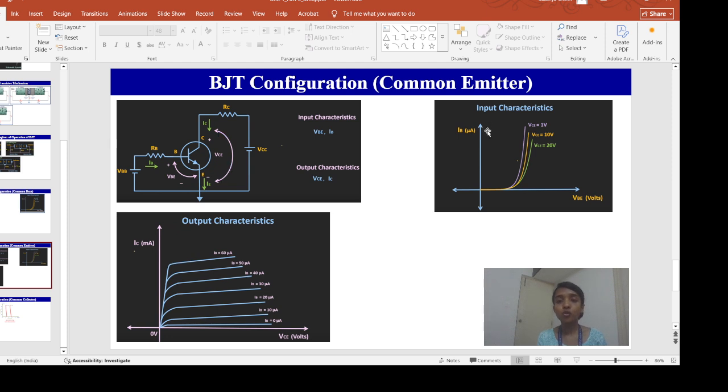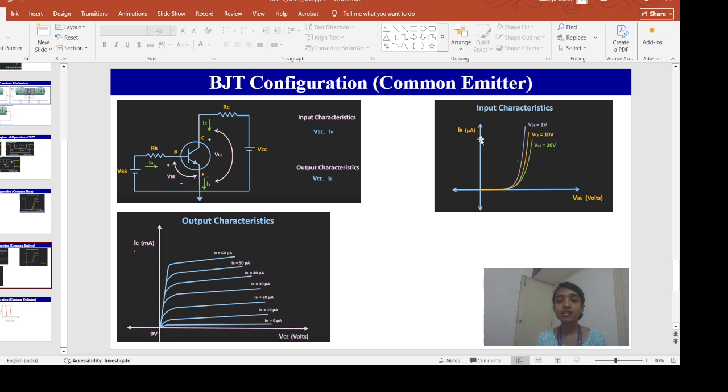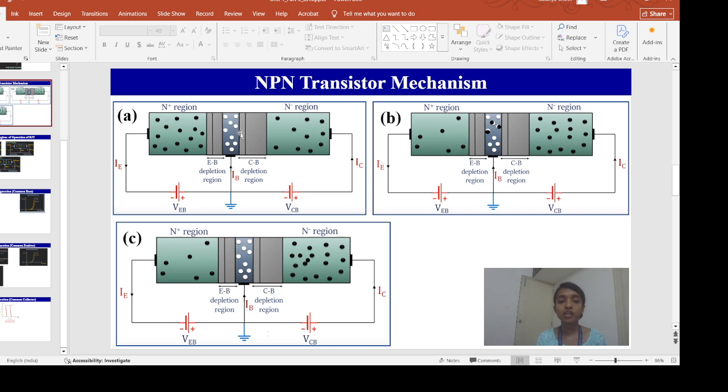VCE. If you notice one thing here, the input current IB is in microamperes, but in the previous case the input current IE was in milliamps. Now we will see why this IB is in microamps. With the same explanation, as the electrons are coming from the emitter region, if we keep on increasing VCB, the collector base reverse bias voltage, the collector base depletion region width will increase and the effective base width will decrease.